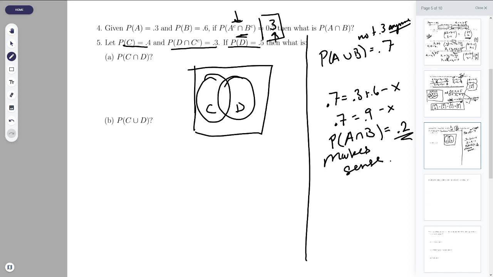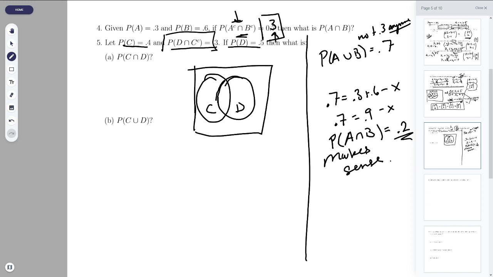The probability of C, this thing plus this thing, is 0.4. We don't know the probability of specifically this blob. We know that the sum of these two is 0.4.